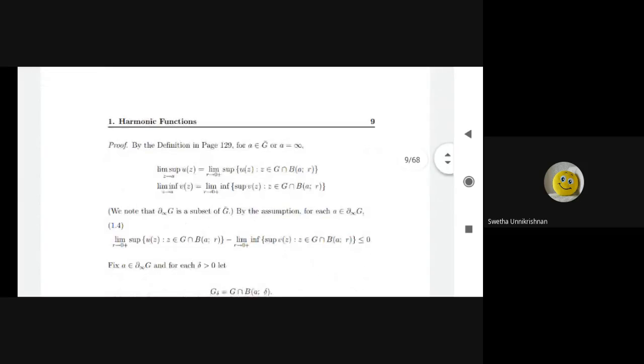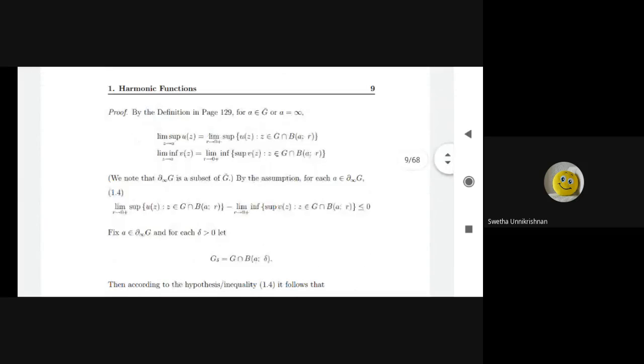Then we put the definitions into this assumption, that is, we will get the limit r tends to 0 plus of the supremum of u of z such that z belongs to G intersection B of a, r, minus the limit r tends to 0 plus of the infimum of v of z such that z belongs to G intersection B of a, r, is less than or equal to 0.